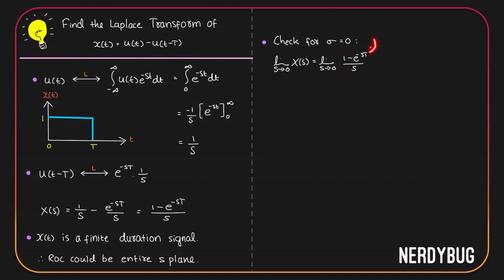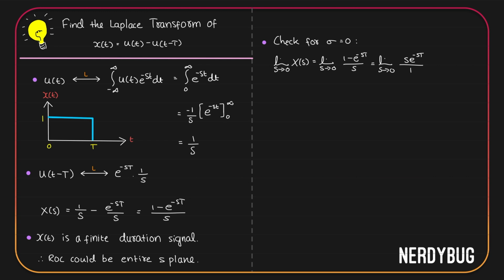That is, we'll first take the derivative of the numerator and the derivative of the denominator, then apply the limit. So this will become limit s tends to 0. In the numerator, derivative of 1 is 0 minus derivative of e raised to minus st, which is minus t e raised to minus st. So we get t e raised to minus st. In the denominator, derivative of s is 1.